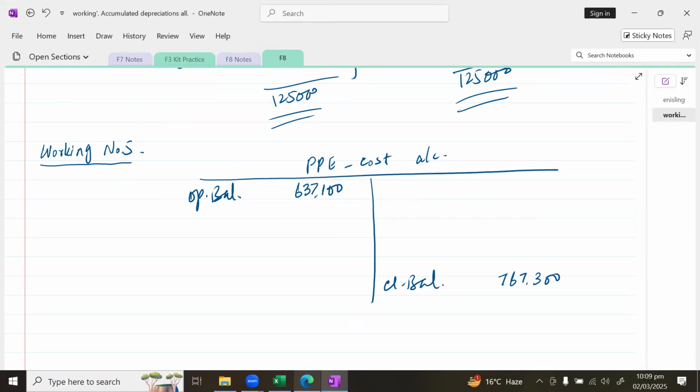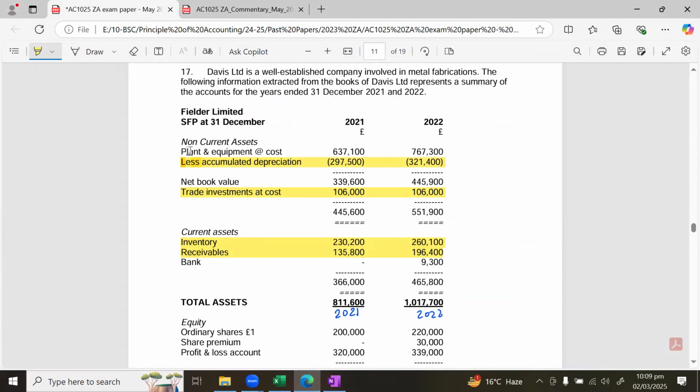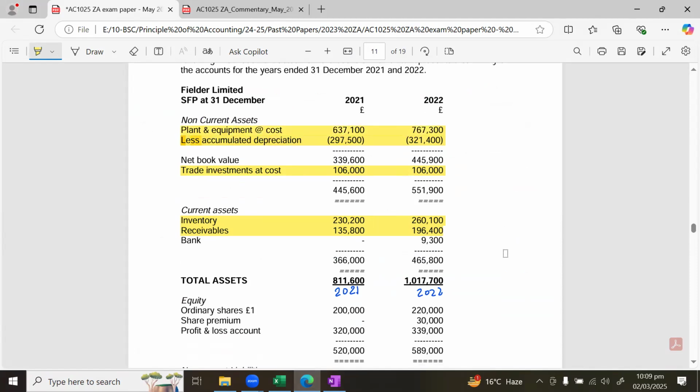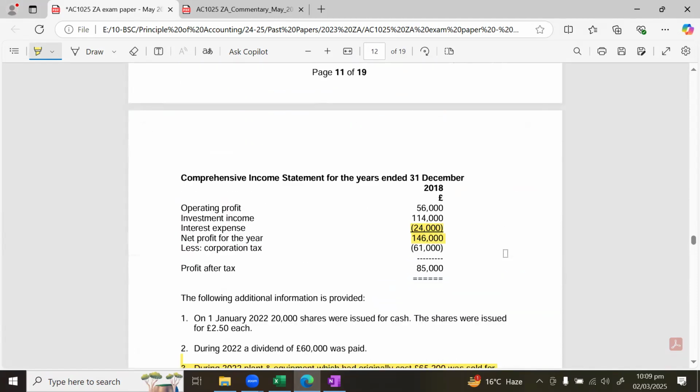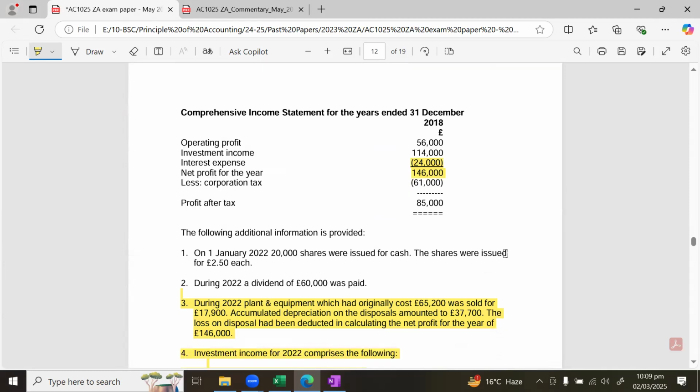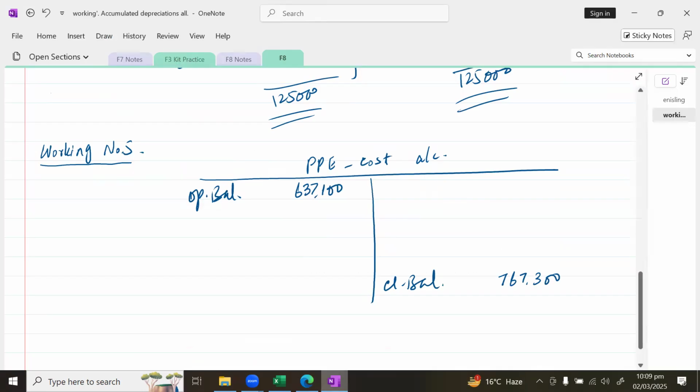767,300. So these are also adjusted. Plant sold during the year cost 65,200. Disposal 65,200.